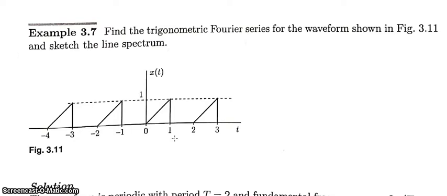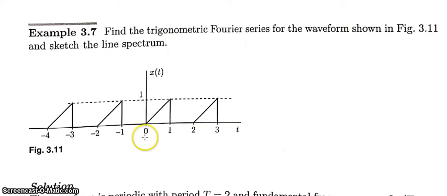So we have to write the equation for x of t first. When we observe this waveform, it is again a periodic waveform, and the fundamental period is 2, that is capital T is equal to 2. In the duration from 0 to 2, the signal x of t has value only for the time period 0 to 1, and from 1 to 2 its value is 0.